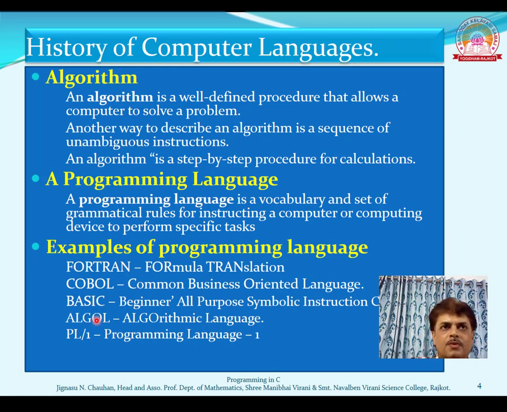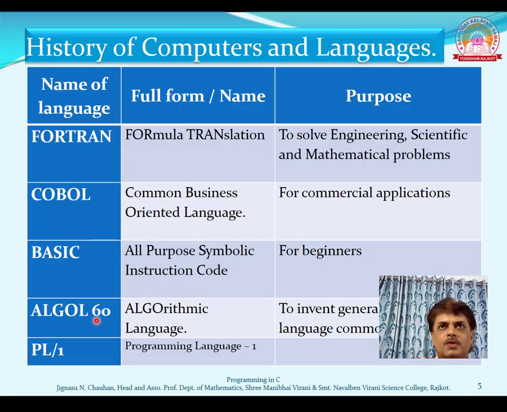For example, the Fortran language, for which the full form is Formula Translation, was a language used for engineering, scientific and mathematical problems, while there was one language called COBOL.